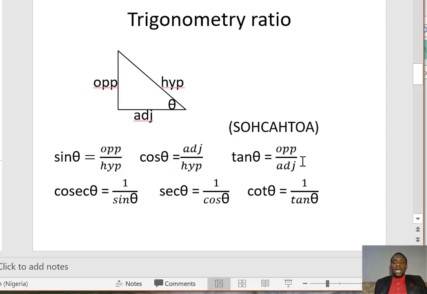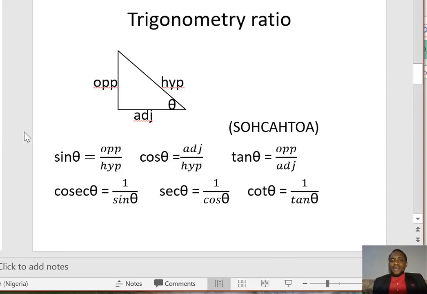Then we also have other ratios. The cosec of the angle theta, that is cosecant, is 1 over sine theta. Then we have secant theta, which is sec theta, is 1 over cos theta, while cot theta, that is cotangent, is 1 over tan theta.